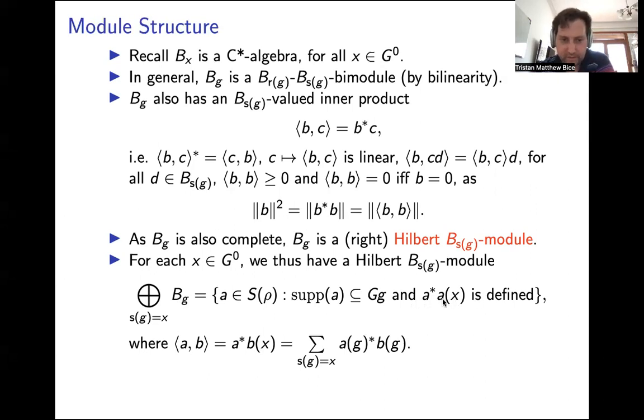Right? So writing this more explicitly, A star A X, remember, is exactly the sum of these, A G star A G. Right? G is taken over all elements whose source is X. So here, and that's more explicitly what the inner product is in this case. It's just the convolution of A star B at that particular element X.